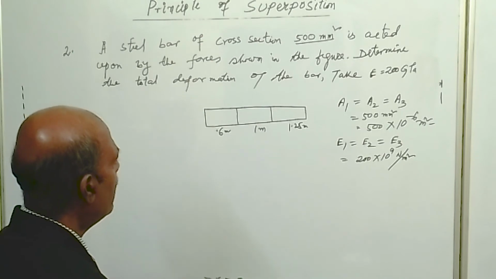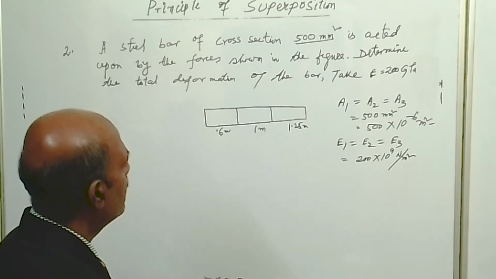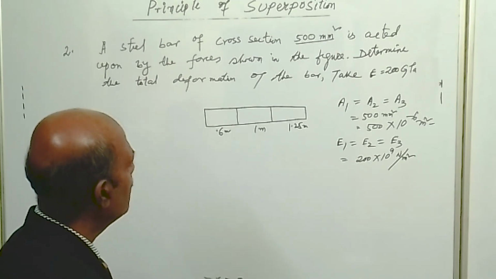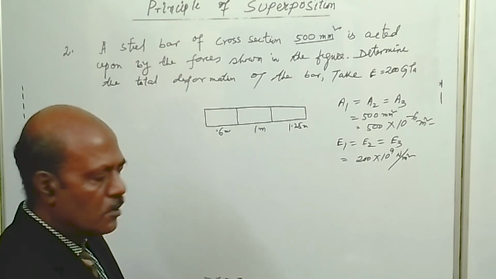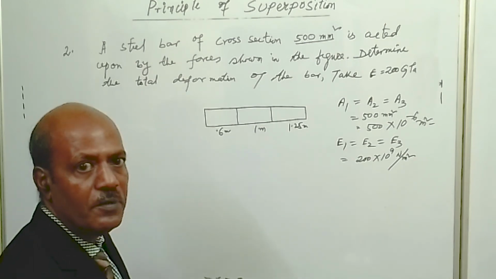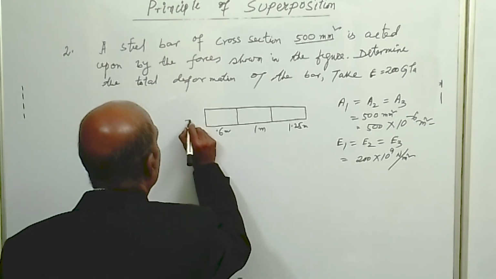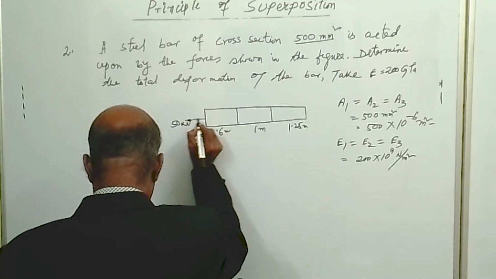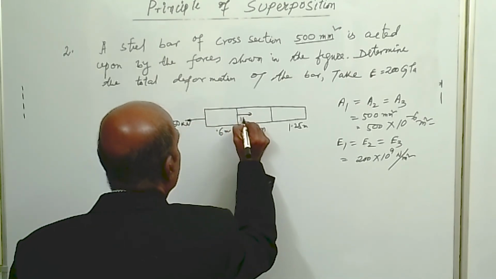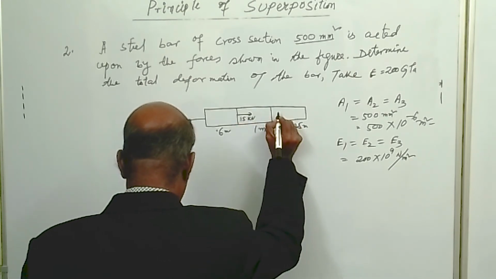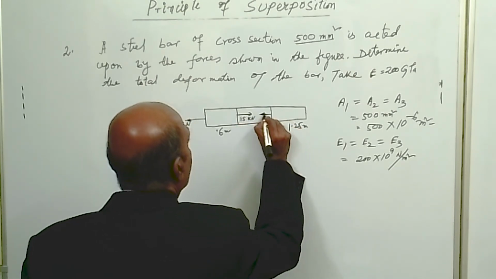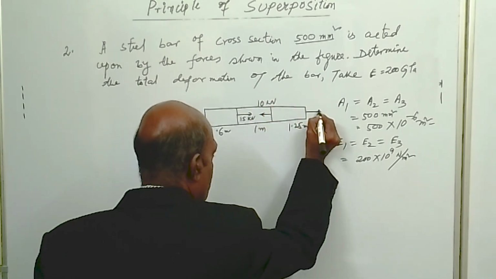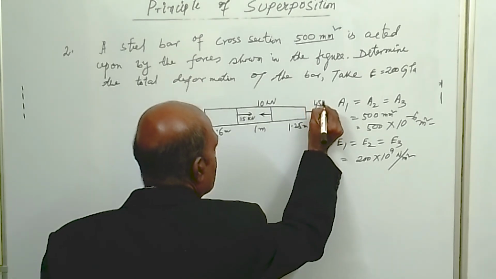So we know L1, A1, E1, L2, A2, E2, L3, A3 and E3 values. The only thing we have to get is the P values. The P values in the problem are given at different segments as 50 kilonewton, here 15 kilonewton, here towards left 10 kilonewton and this one towards right 45 kilonewton.